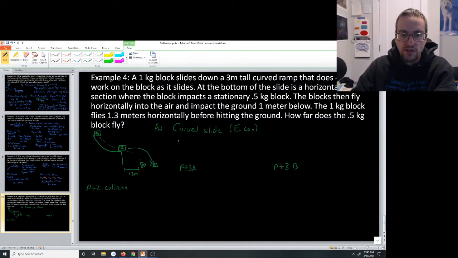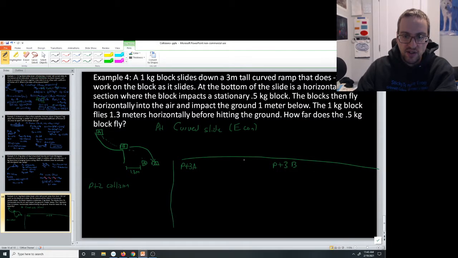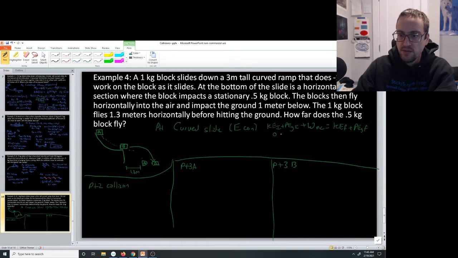You got the curved slide. And I'm actually trying to put some things between this, so we know what part I'm looking on here. My curved slide. I've got kinetic energy initial plus potential energy of gravity initial plus non-conservative work equals KE final plus potential energy of gravity final. 0 plus, times 1.